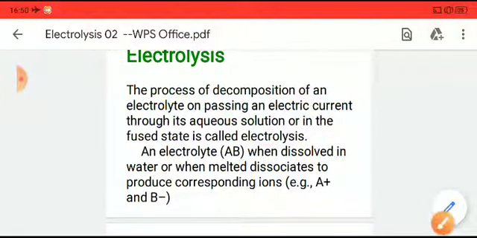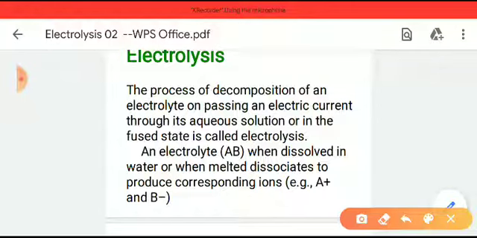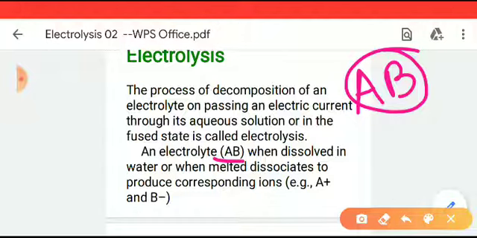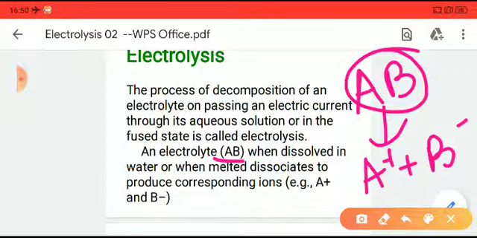Suppose AB is an electrolyte. When an electrolyte AB is dissolved in water or when it is in the molten state, it dissociates and gives A plus and B minus as ions. So what is an electrolyte? An electrolyte is basically a substance that can be ionized when it is in the aqueous state or the molten state.